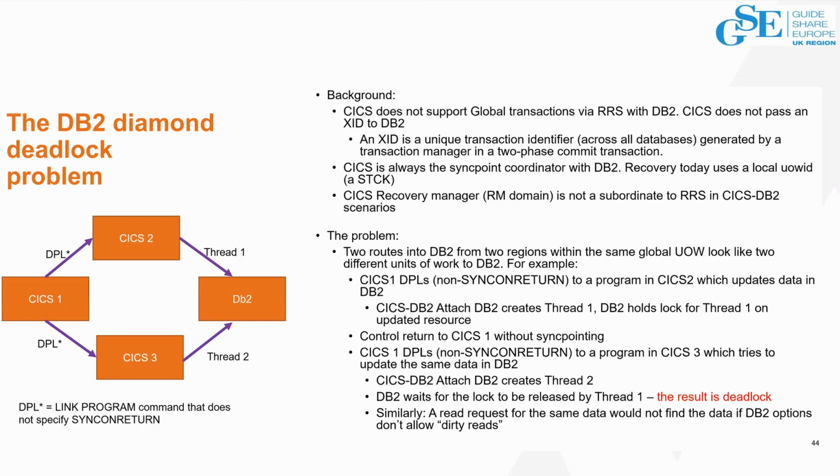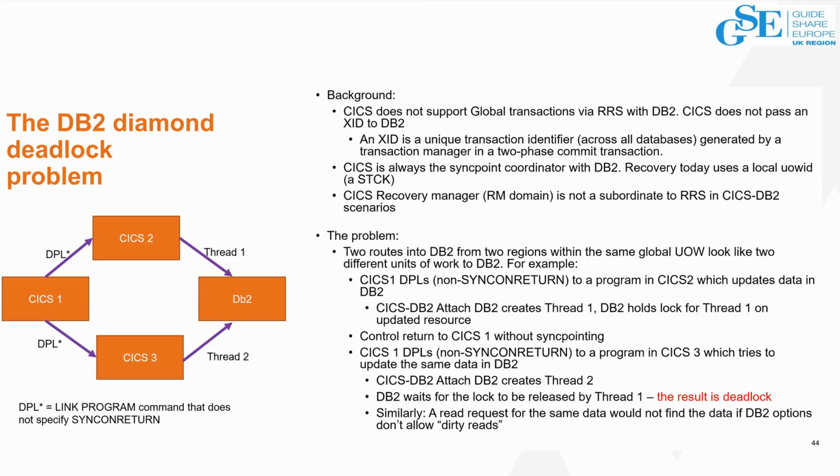the CICS DB2 attach will get a thread, usual stuff, and go off and get the data from DB2. So CICS 2 has got a thread, and in this diagram I've called that thread 1. So we've got some data. The program has returned back to CICS 1. Remember, it's non-sync on return, so we haven't sync pointed yet.